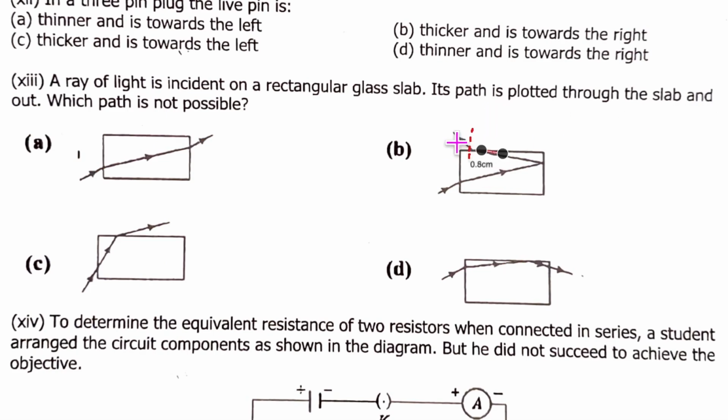See here, it is going this way, into the rarer medium, right? Yes, ma'am. So when it is going into the rarer medium, this should go this way. They have shown it turning towards the normal, which means this is the denser medium. But can you see over here, it has turned towards the normal, meaning this is denser and this is rarer.